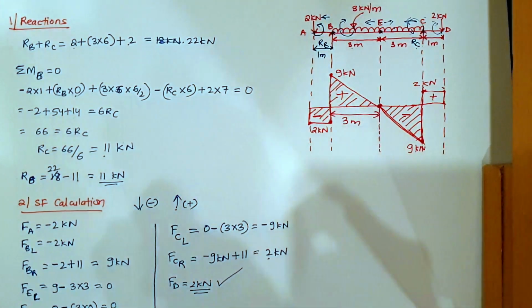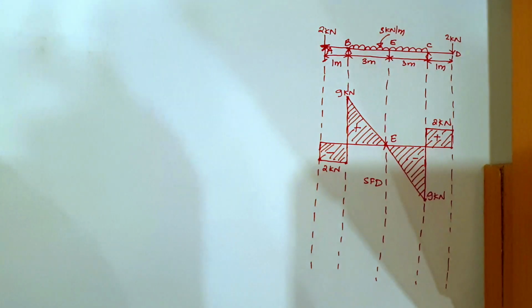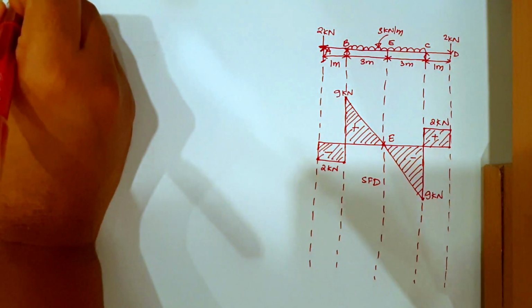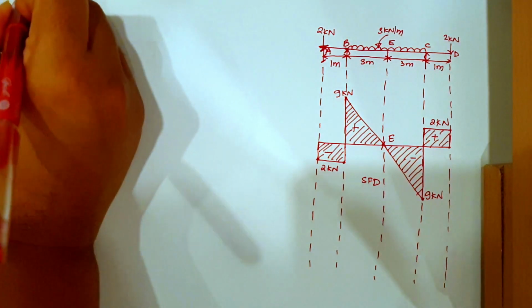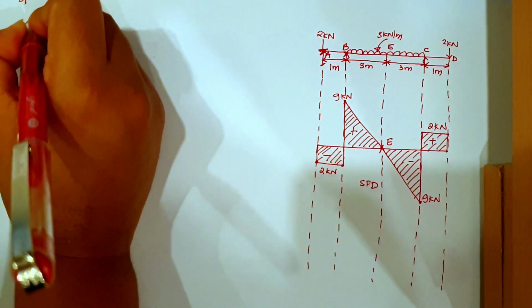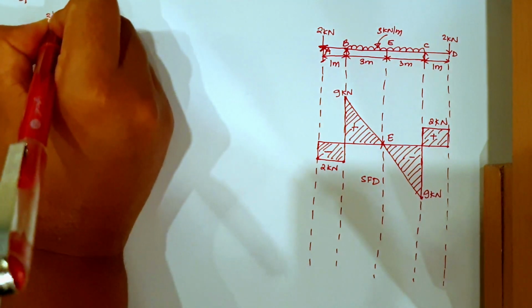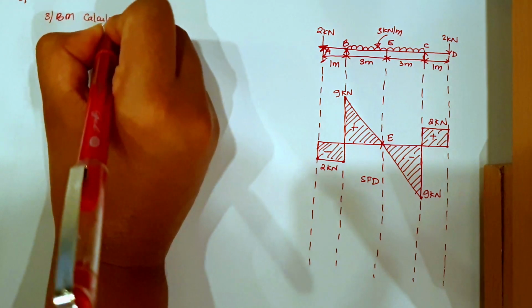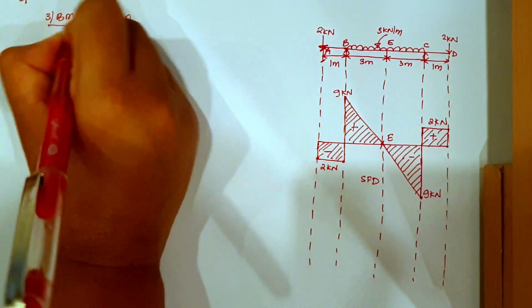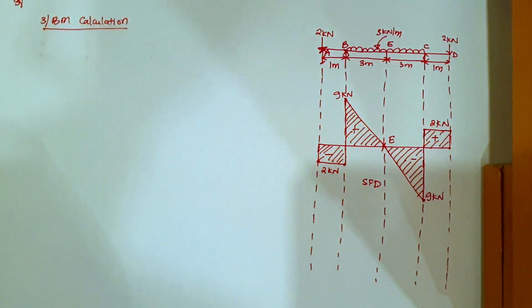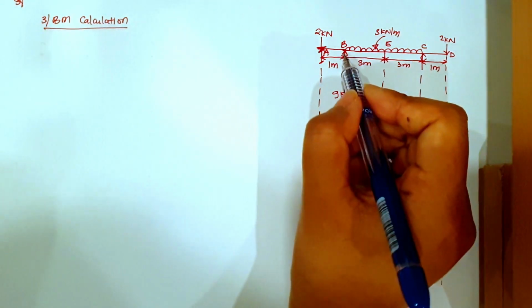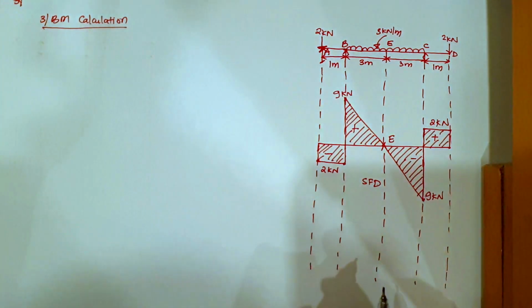Okay, now let's find the bending moment. Number 3, bending moment calculation. Right, now for an overhanging beam moment, see here, this is a typical question.